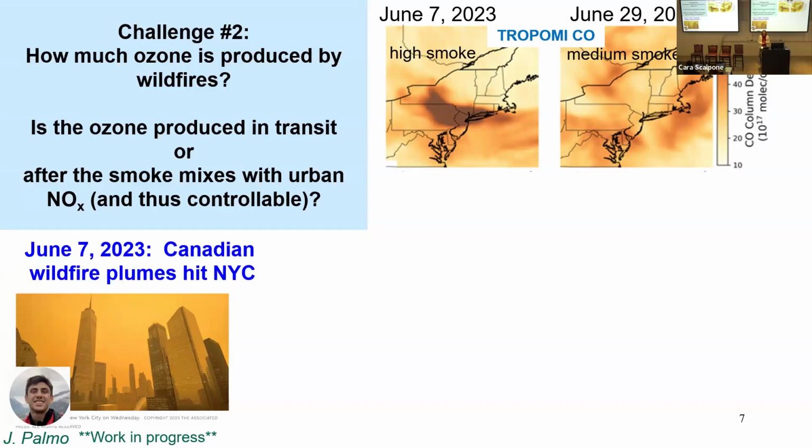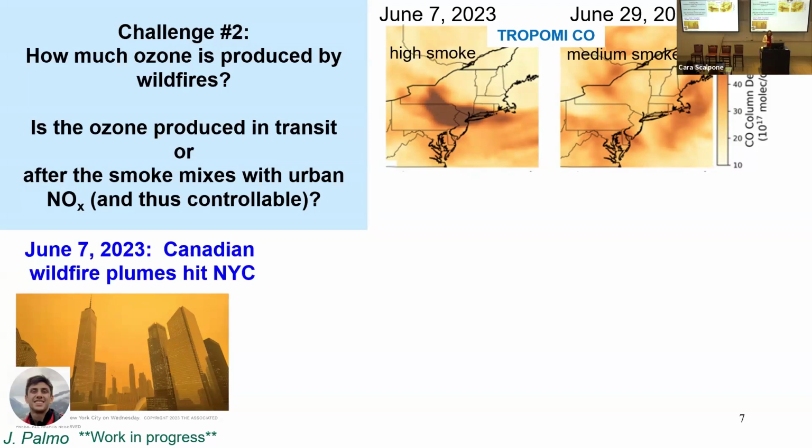And so we see very high columns of TROPOMI CO over this New York, Pennsylvania, New Jersey, Long Island Sound area on June 7th, whereas the CO as a measure of the smoke is more widespread, but still not nothing, on June 29th.